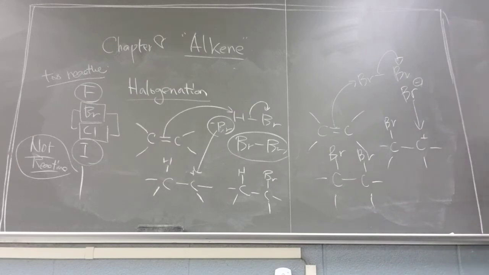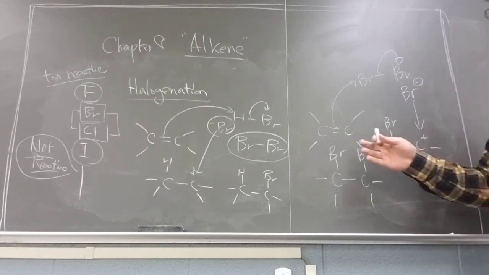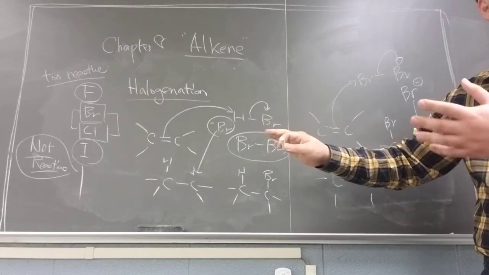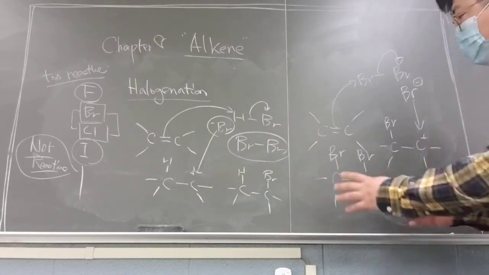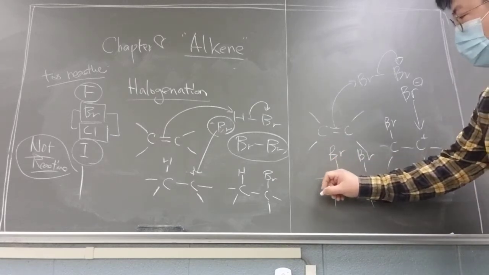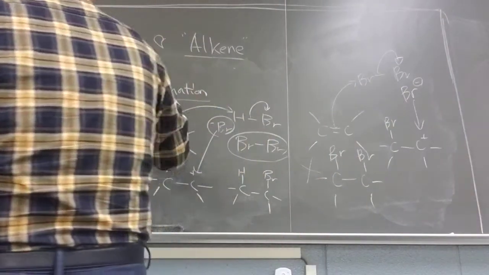All right, so this might be the mechanism, but don't copy this one. I'll tell you why. We actually used the same mechanism we tried in chapter 7 for these halogens. But here, this is actually not possible.